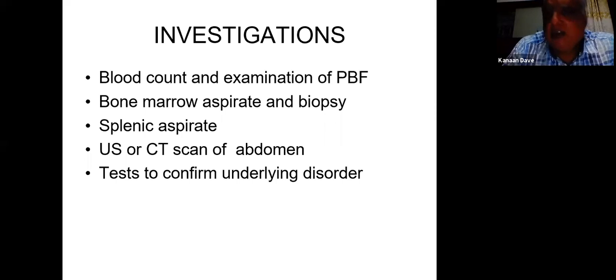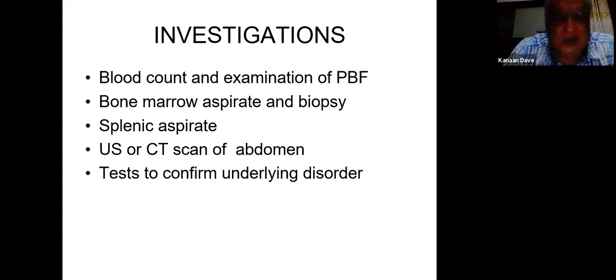If there is extramedullary hemopoiesis, again, a splenic aspirate will enable you to make that diagnosis, because on the splenic aspirate, in extramedullary hemopoiesis, you may see hemopoietic activity. So there are erythroid, myeloid, and importantly, megakaryocytic precursors in the splenic aspirate, which tells you that there is extramedullary hemopoiesis.